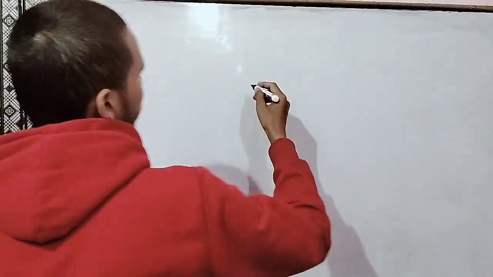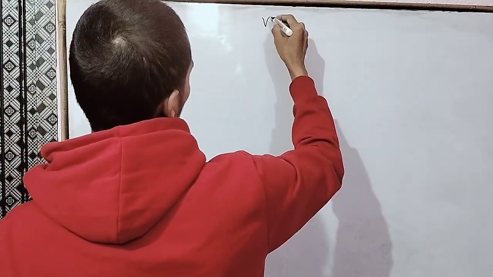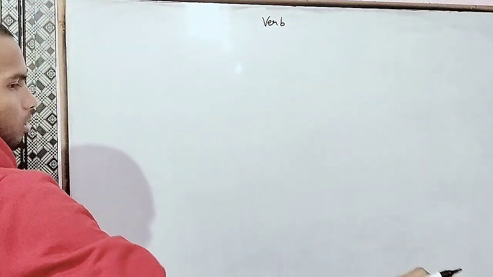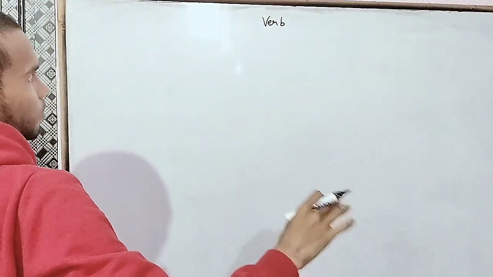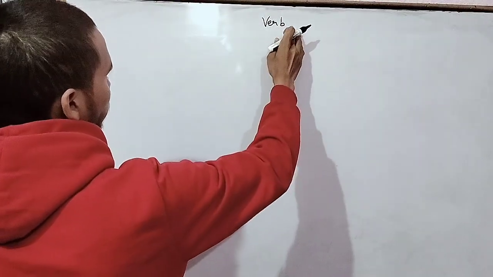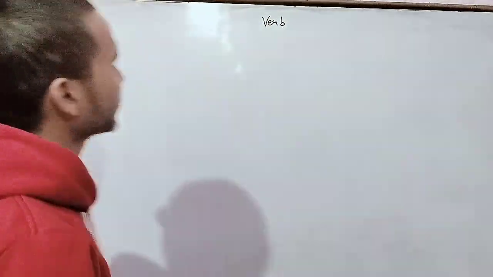Now there are two types of verb: action and non-action. Helping verb and main verb.